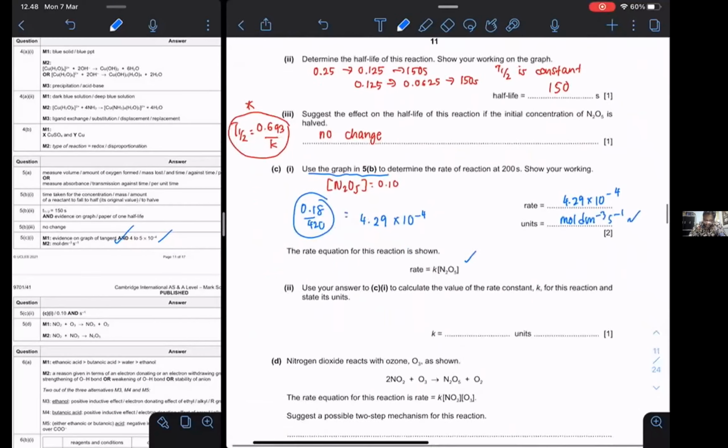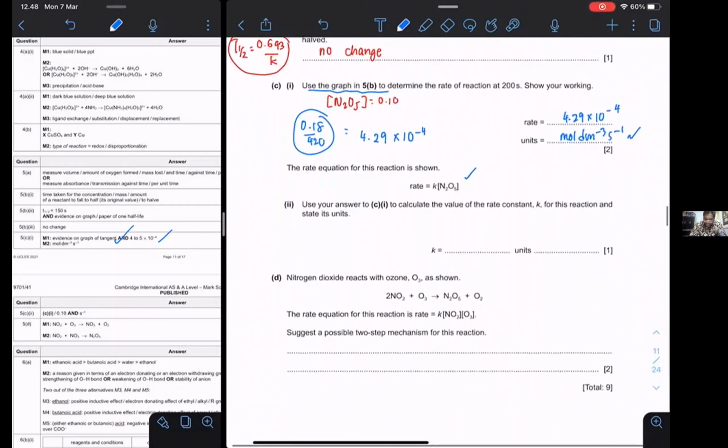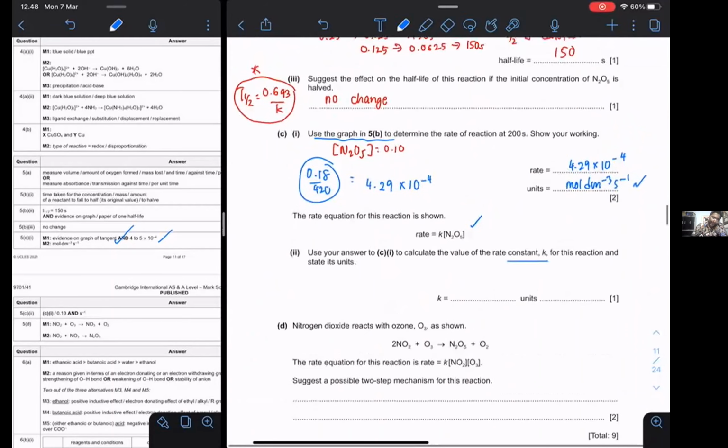Use your answer in C1 to calculate the value of the rate constant. We want to find the K value. Just now we already did it, but here they ask you to use this method. We have already calculated the rate, so I'll use 4.29 times 10 negative 4, and then the K value I want to calculate.